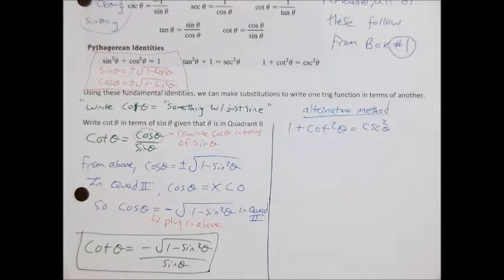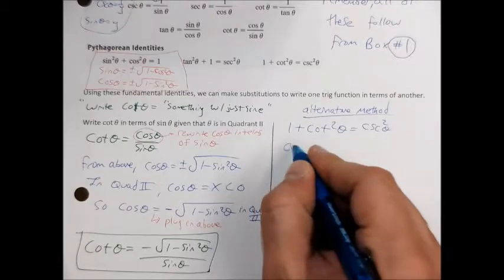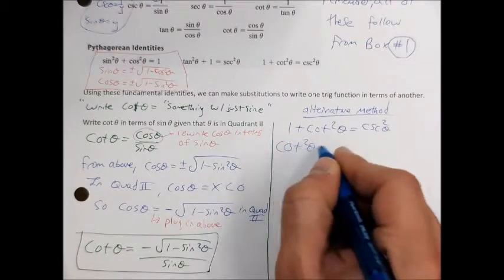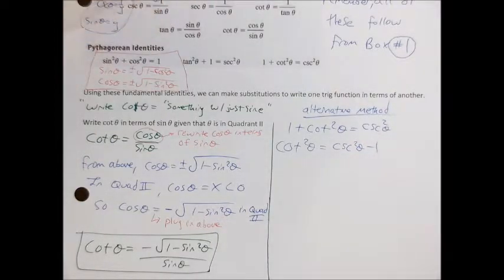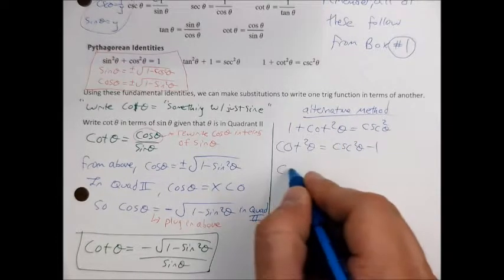We're trying to write cotangent in terms of sine, so we want something that says cotangent equals, right? So we would want to solve for cotangent. So we would start by subtracting the 1, right? And then we could take a square root to get cotangent by itself.